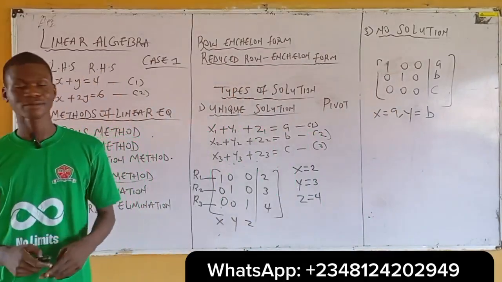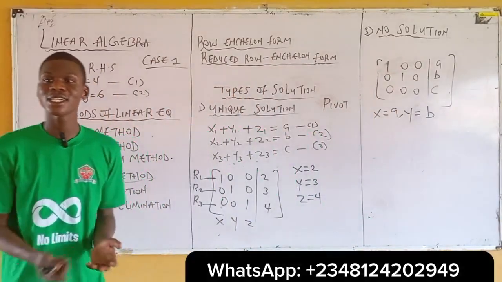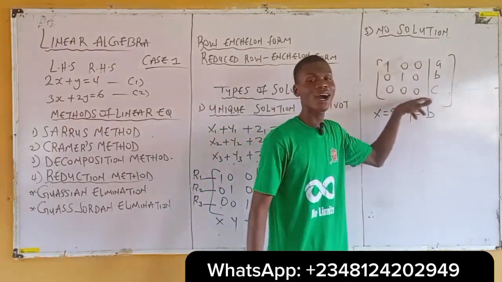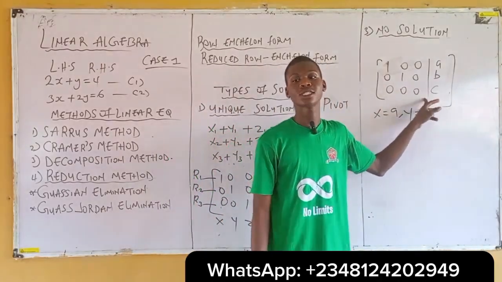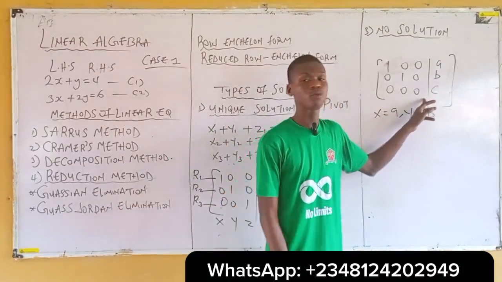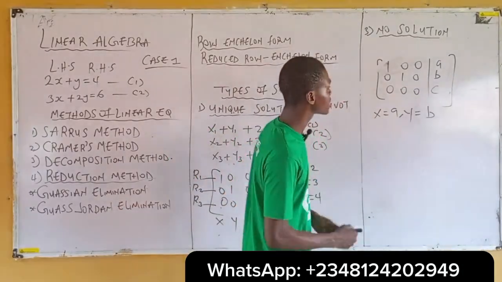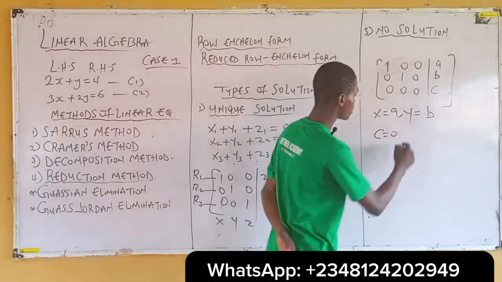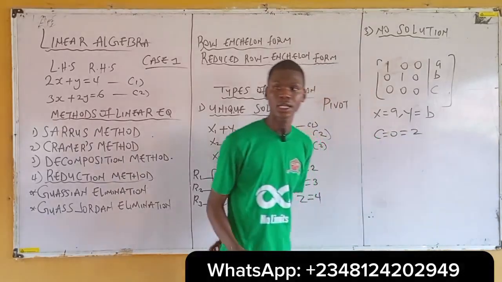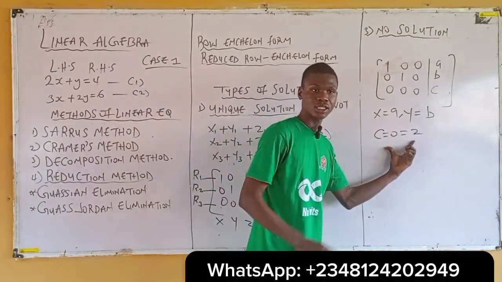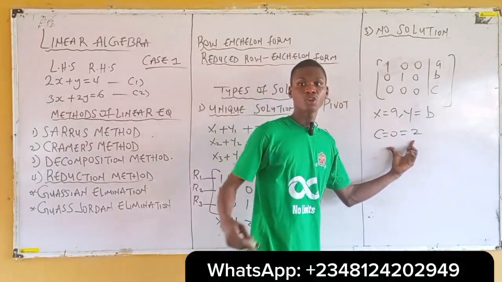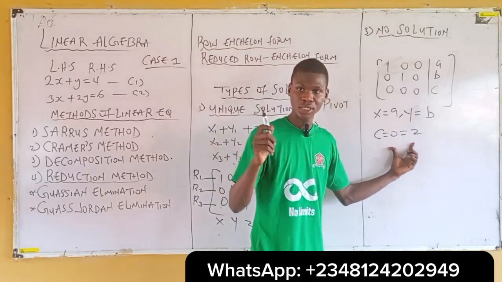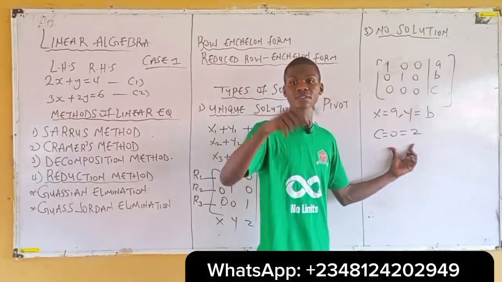What about Z? In this case, do we have Z? No, because the column for Z, we already have what? 0. Meaning in this case, C is equal to 0, which is equal to what? Z. So how do we relate this to what we did previously? It means no matter the number of Z that you substitute, it will not satisfy that equation.